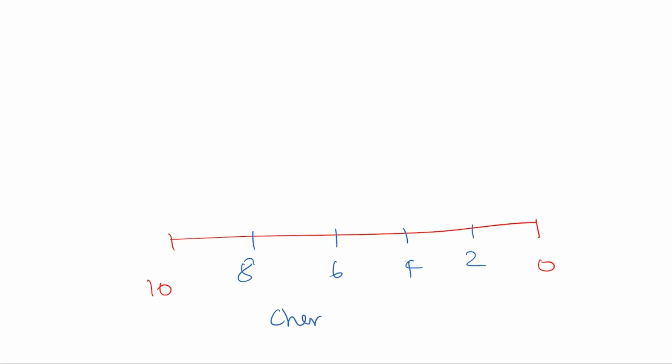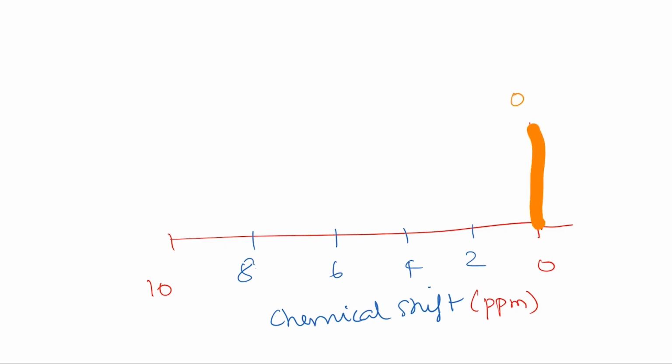So, as we discuss, the x axis is chemical shift and the unit is ppm. Okay. So, what we do here is that when you record the NMR spectrum of TMS, then TMS appears here as a peak which is 0.